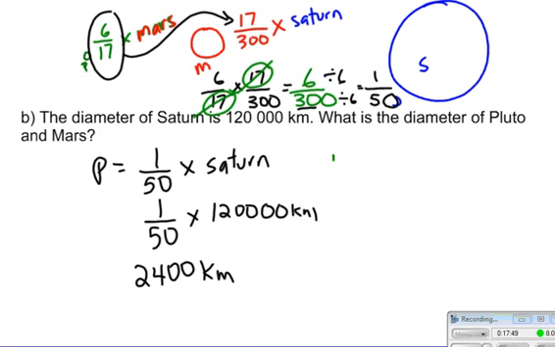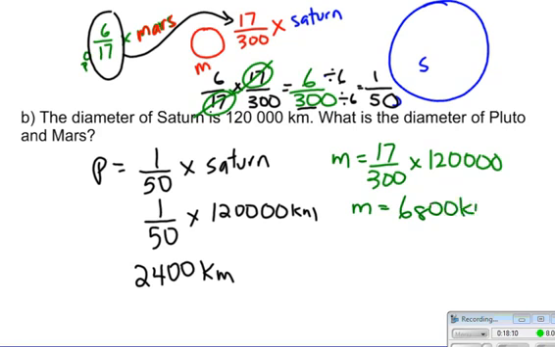So we know that Mars is equal to 17/300 the diameter of Saturn. Okay, and when I go 120,000 times 17 divided by 300 in my calculator, I get Mars has a diameter of 6,800 kilometers.